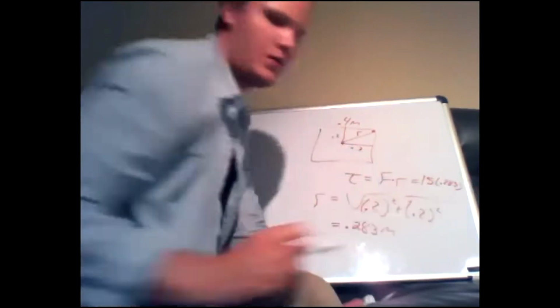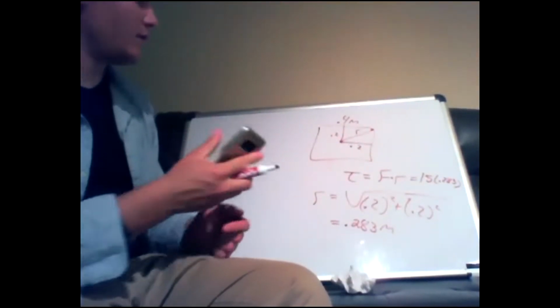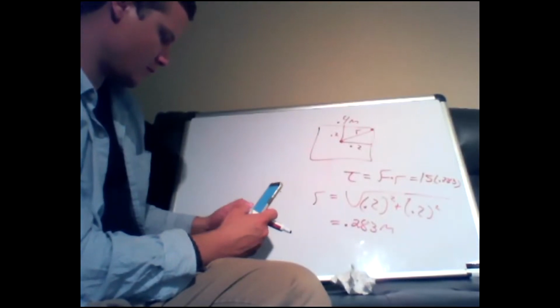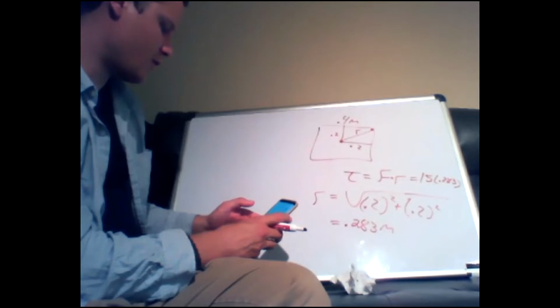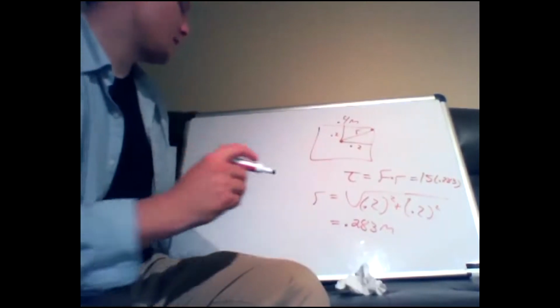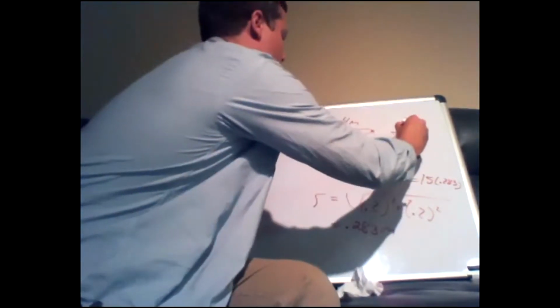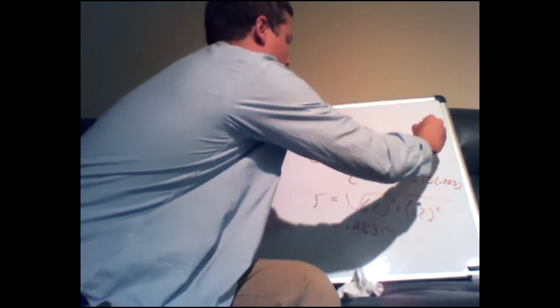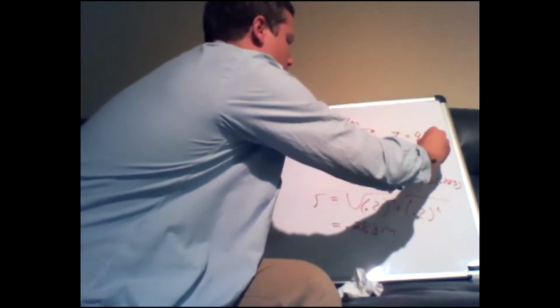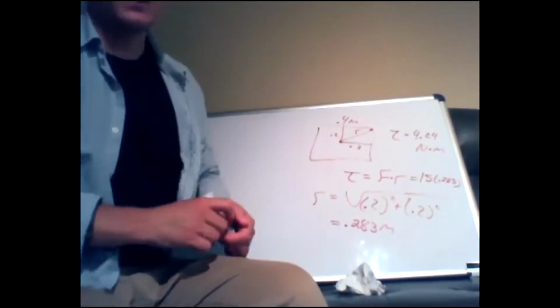You should get about 4.24 or 4.25. And so then our torque is 4.24, where the units are just newtons times meters. It's the unit of force, which is a newton, times the unit of length, which is a meter.